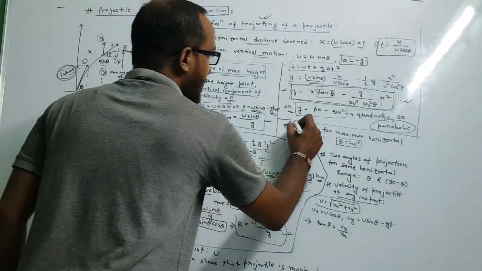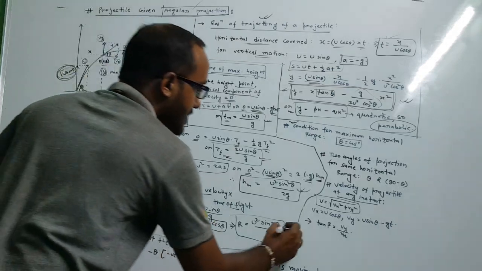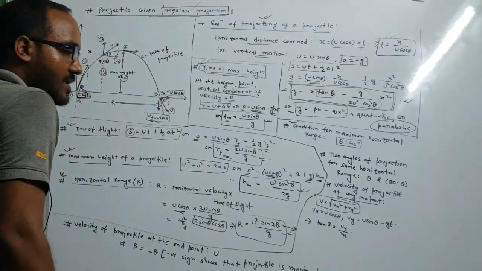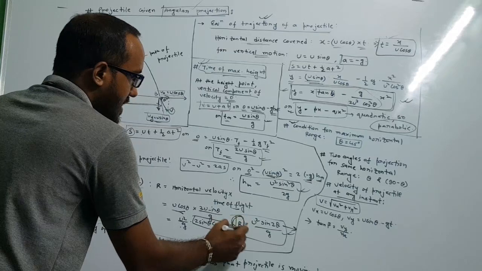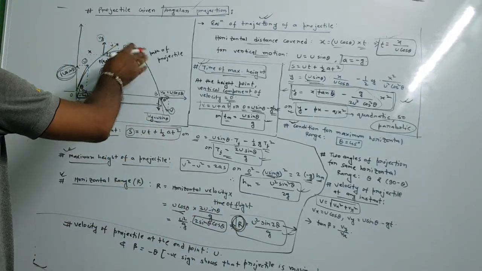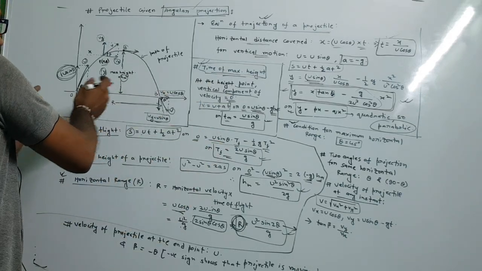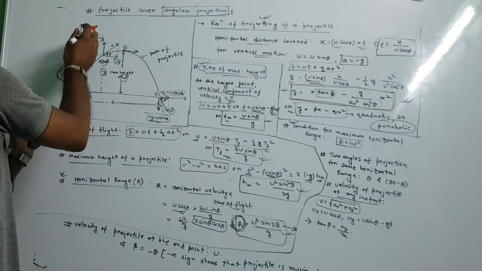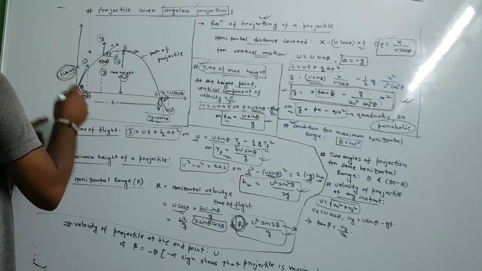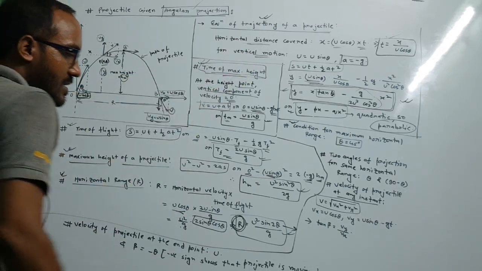Now what is the maximum condition for the horizontal range? That means, at what angle should you throw an object so that the object will cover the maximum distance in the horizontal range?